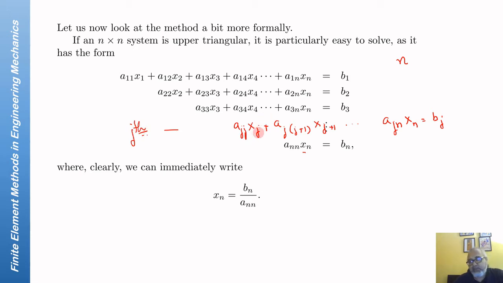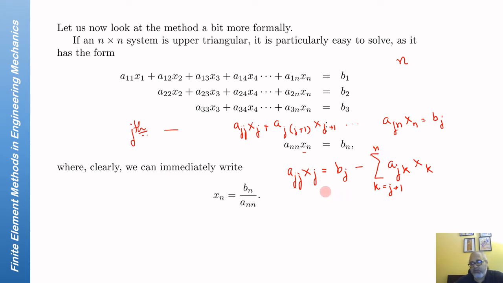And here, when you come to this equation going from the bottom, then all these things are known, so you can take them to the other side. So you will have ajj xj is equal to bj minus summation of ajk xk with k going from j plus 1 to n.